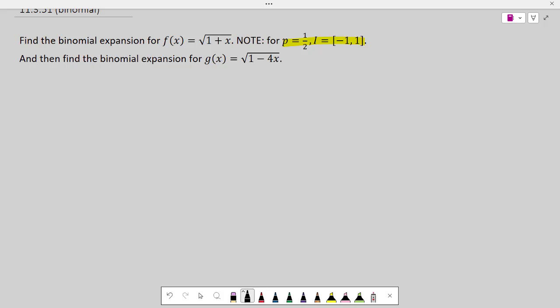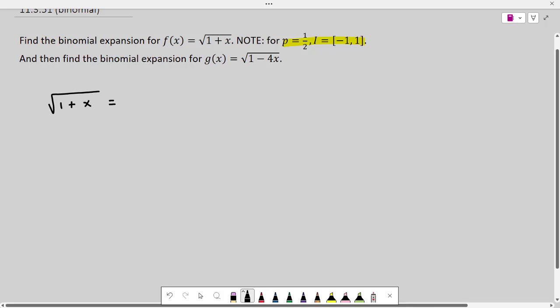This is just substitution. This is one of our favorites because we start with the expansion for that, and then we just substitute into the interval. We don't have to test any endpoints. So we love that.